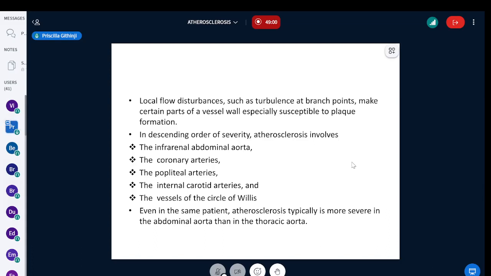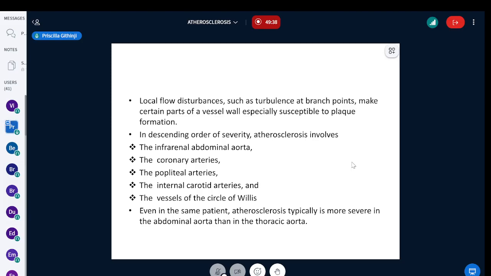So in descending order of severity, you're more likely to see atherosclerosis, first, in the infrarenal abdominal aorta, just after the renal vessels have branched off. The other blood vessels that are susceptible are your coronary arteries, and we've said the most important clinical manifestation of atherosclerosis is coronary artery disease that leads to ischemic heart disease.